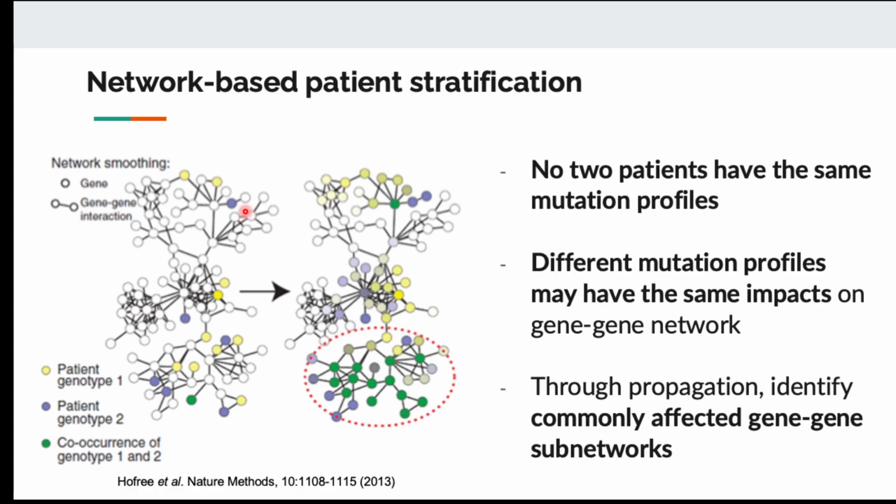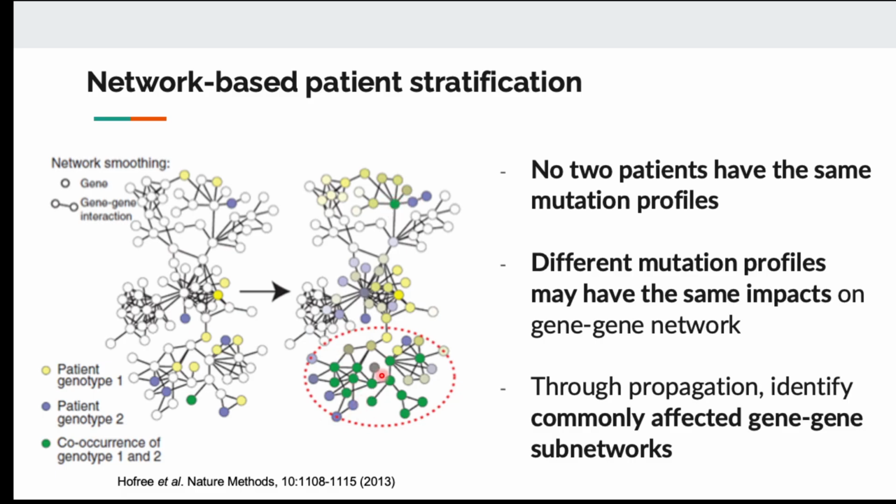If we let the effect flow from the mutated genes, imagine pouring water into the node and letting it flow inside the network, what we want to see is, if we put yellow colored water in one node and blue colored water in another node, starting from the mutated node for each patient, where do we see the mixing of the two colors? Where yellow meets blue and creates a green color.